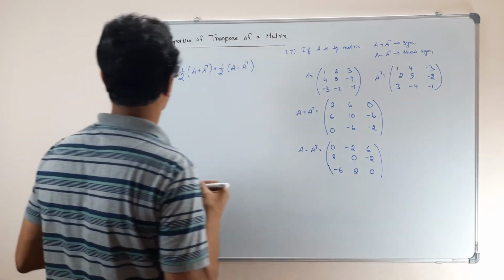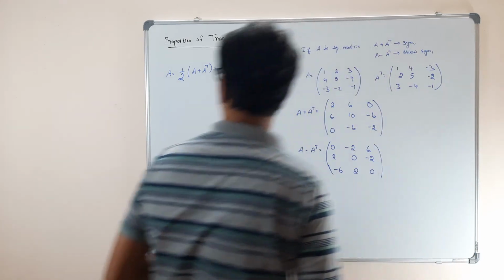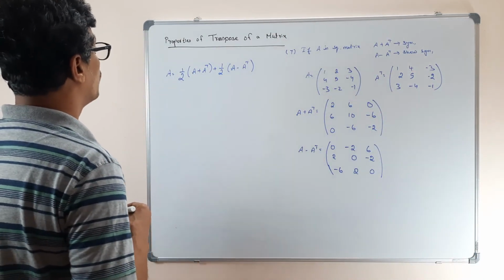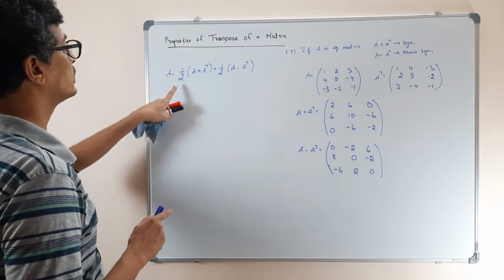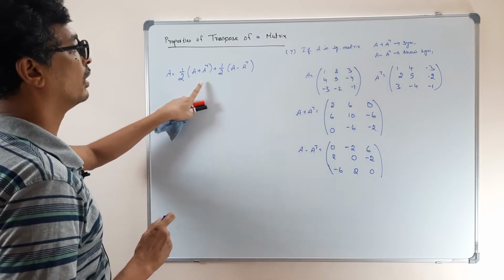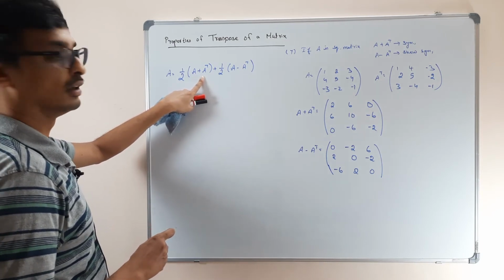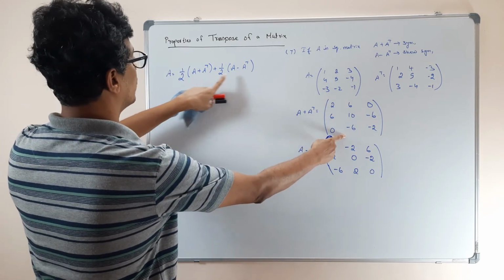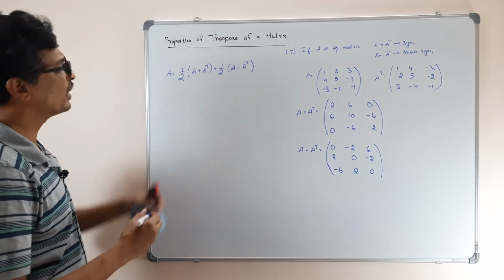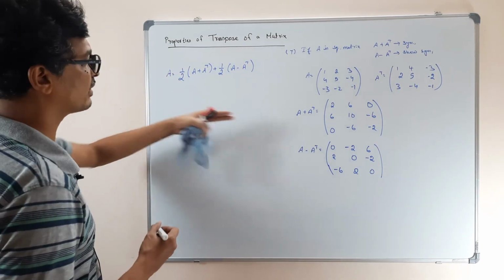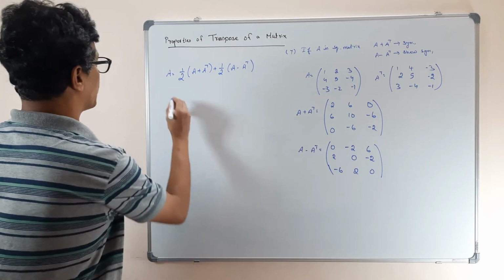So what is A plus A transpose? That is symmetric, correct? A minus A transpose is skew symmetric. Anyway, we have done all this, and we will use the same matrix here. So let us see what happens.